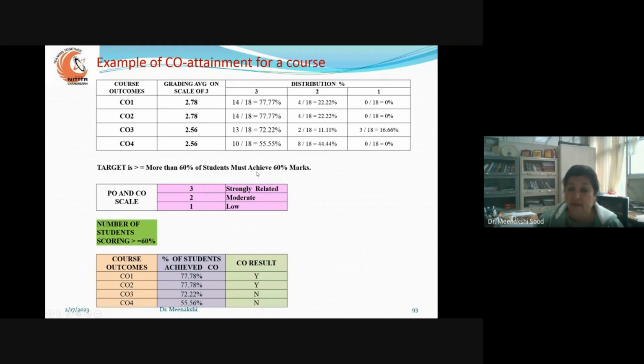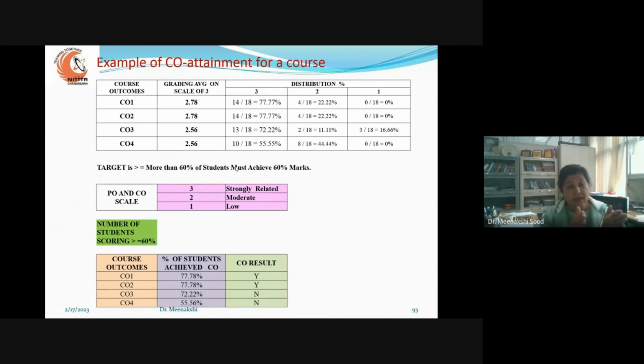This is the first criteria. Second criteria we write, say more than 70% of students achieving 50% marks. You decide the stages and that depends upon the institute or the department.